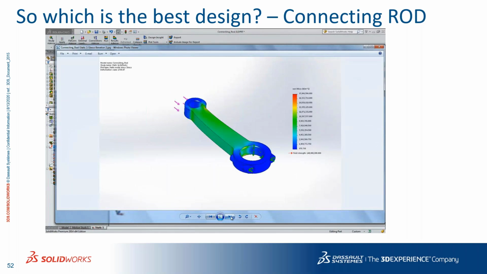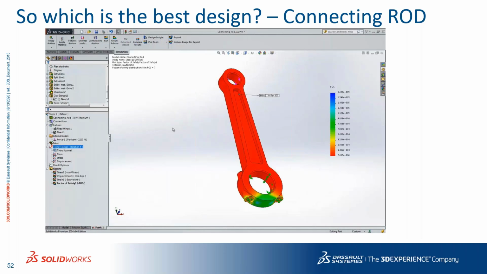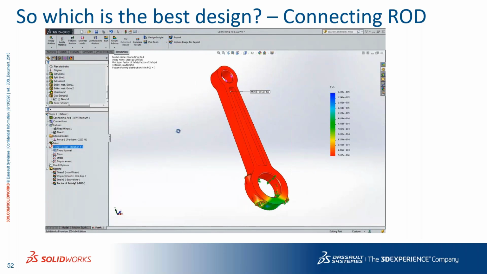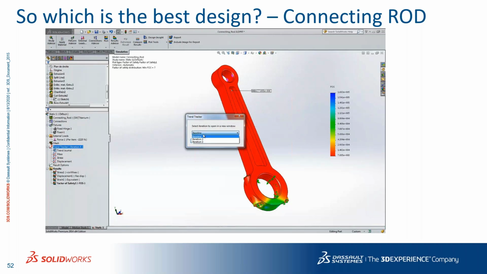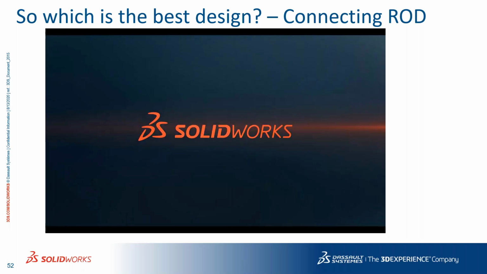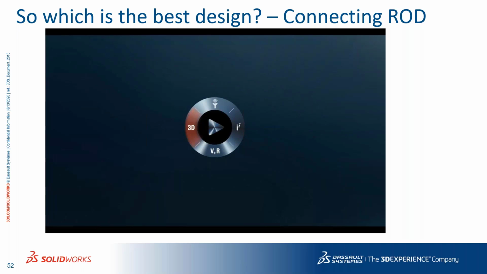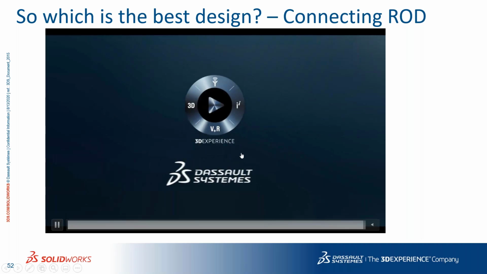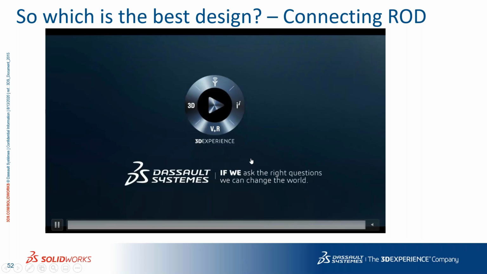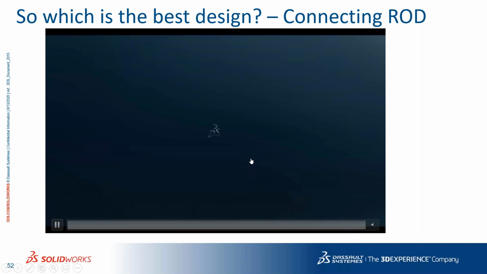Automatically it will create a gallery of those images of all these plots so we can easily understand. It is also possible to switch between the different iterations, from baseline to iteration 1 to iteration 2. So this is one way of doing what you can call optimization of your products, and finding out the best design.